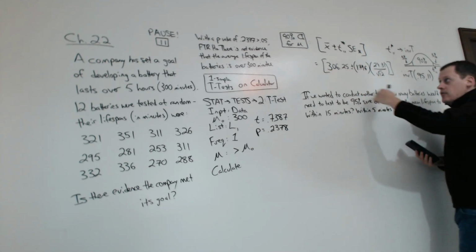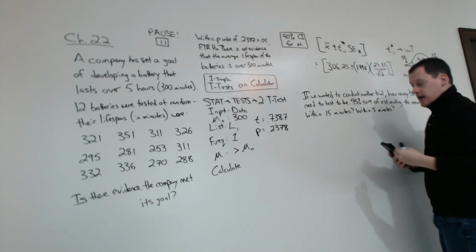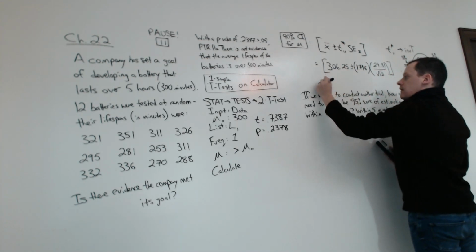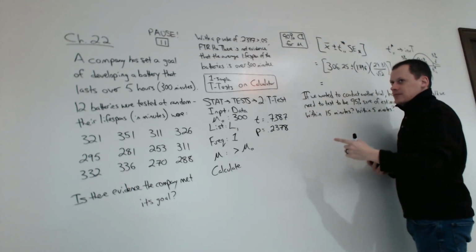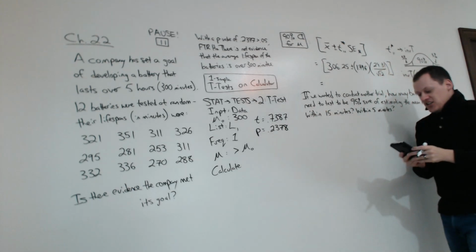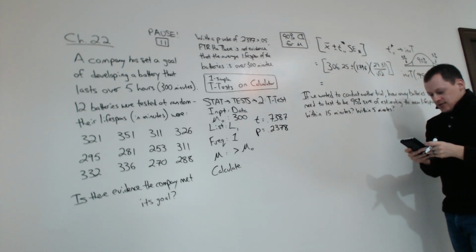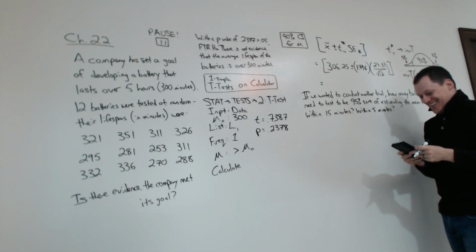So from here, you can manipulate this by hand on your calculator, or you can use the calculator, but not in the same way. Instead of going to t-test, you can go to stat tests, and then t-interval.